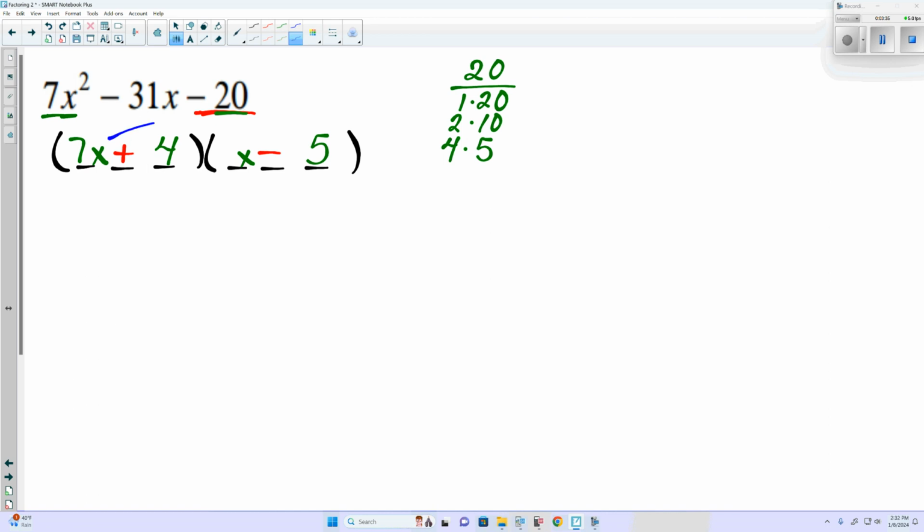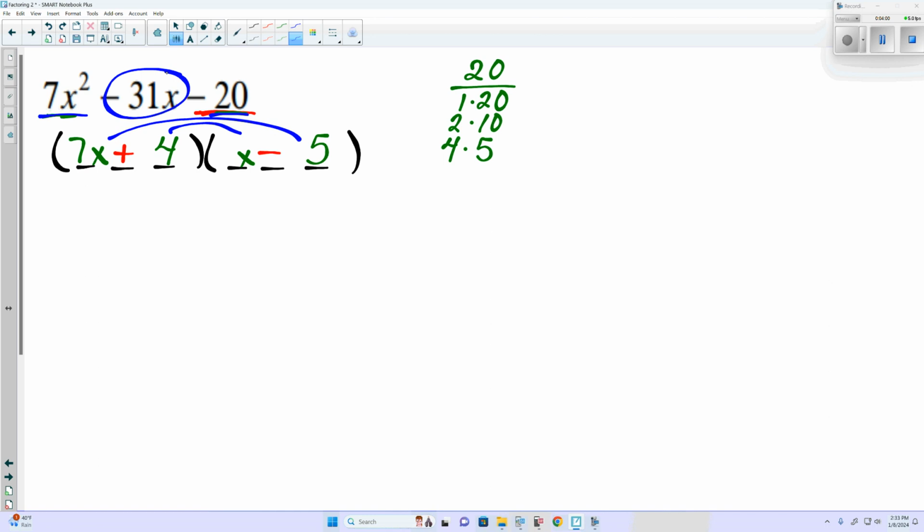So we can just plug these in. And again, at this point, we can check. Now, I'm not going to check 7x and x. 7x times x is 7x squared. But we got 7x and x from the factors of 7x squared. Our 4 times negative 5 will indeed get us back to negative 20. So that's not the one we're more focused on. We're focused on making sure we get the negative 31x.